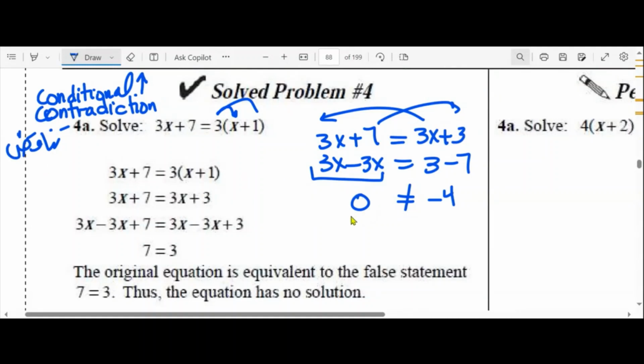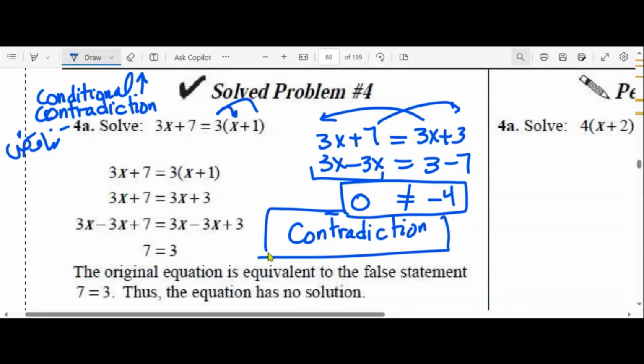So is this true? So the answer here is what? Contradiction. That's your solution. That means x has no value, no solution. Okay? What's the third type? Identity. Identity will always be true. It's true for all values.